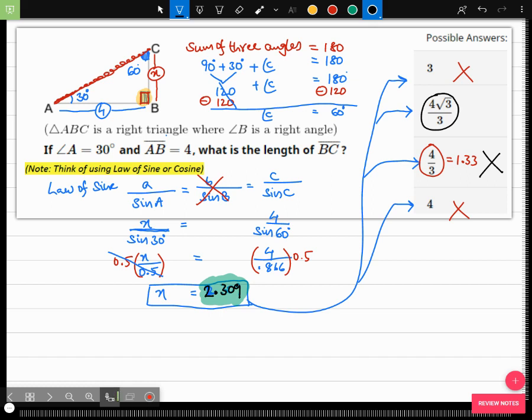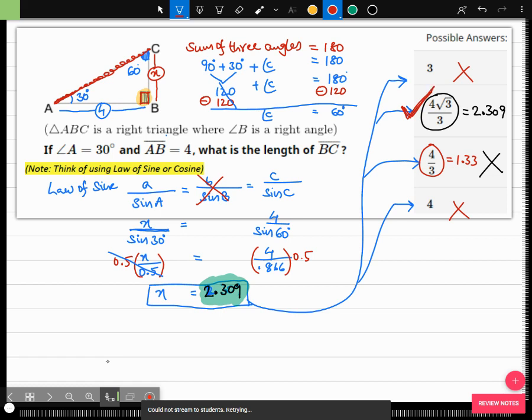It is 2.309. Yes, it is 2.309. Therefore, sometimes when you compute, your answer may not match the given options. In such a case, you may have to convert the given values into decimals so that you can identify the answer.